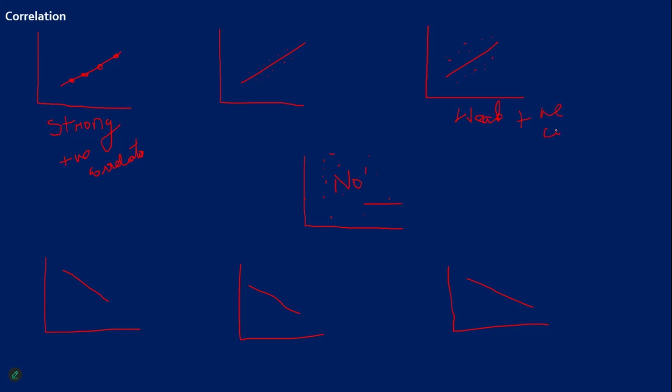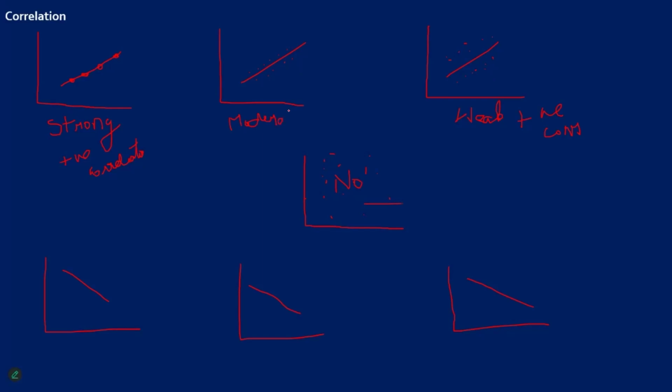But this is weak because most of the data points are away from the line of best fit. So we say this is a weak positive correlation. Here we say strong because exactly it lies on that line. And then here we see it's not too far like that, but not touching, but somewhat closer to the line. So here we say moderate.